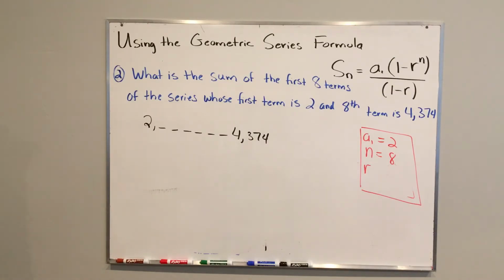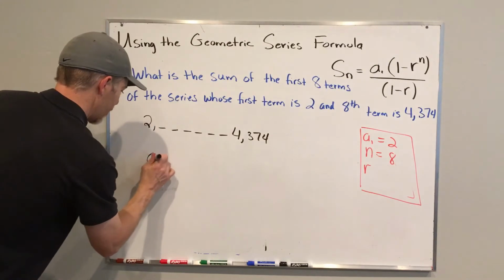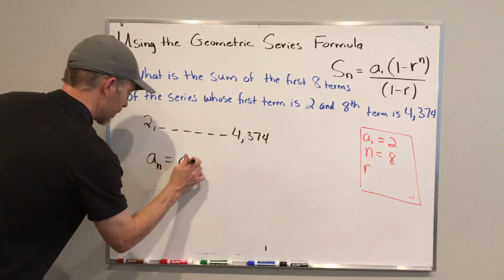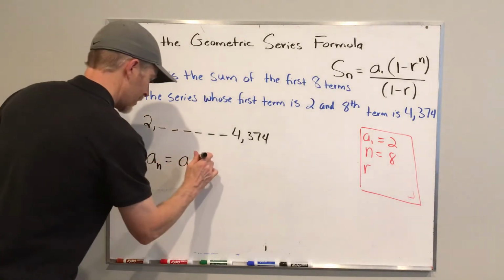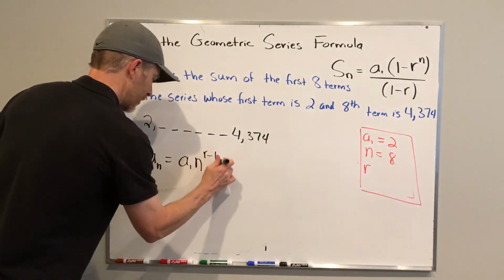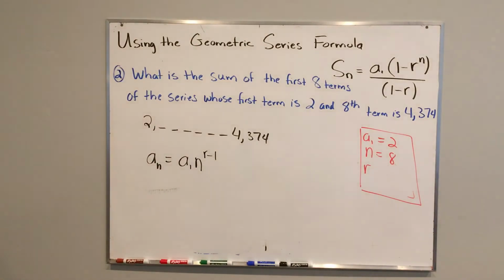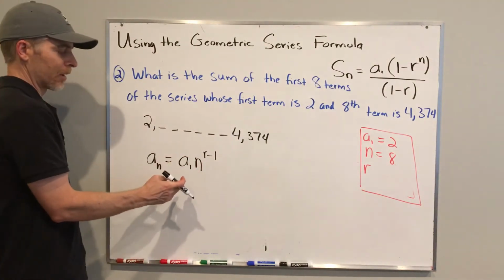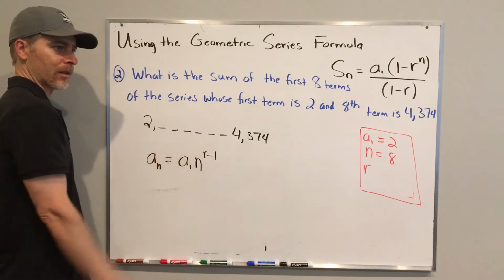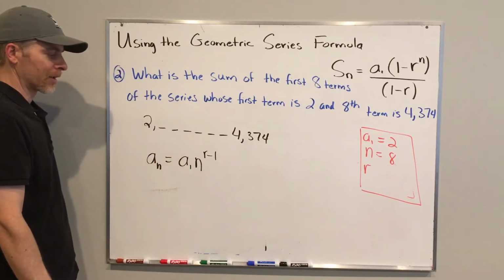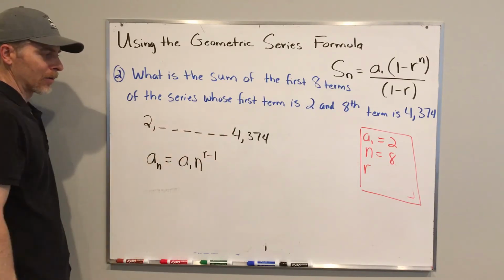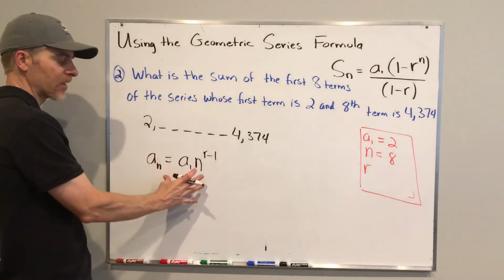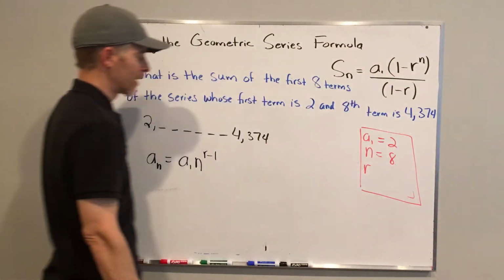It's in your book: a sub n equals a sub 1 times r to the n minus 1. That's how you could just keep getting the next term in the sequence. So we want the next term in the sequence, so we're going to use this formula. You have to use this formula before you can use that formula.